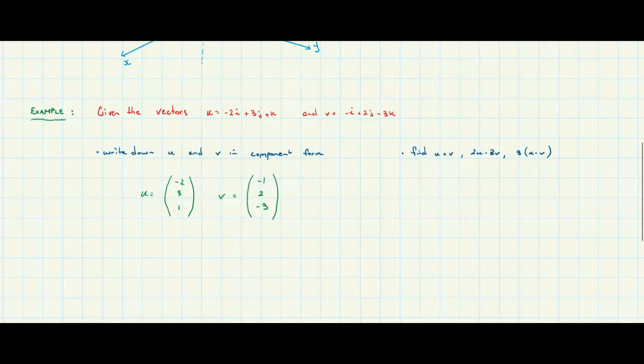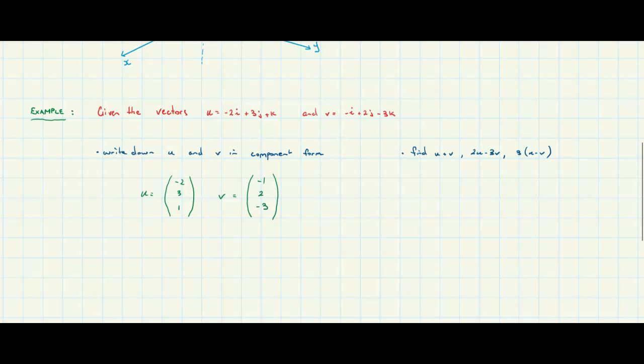That's more practice at converting between the two forms. Now for u plus v, once we've got them in component form it's fairly straightforward. It doesn't tell us whether to write in component form, so I suggest we represent our answer in this format.